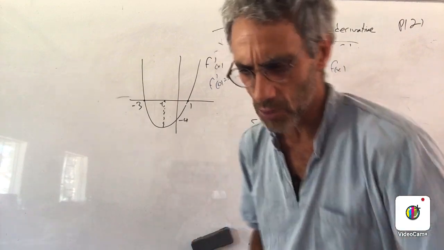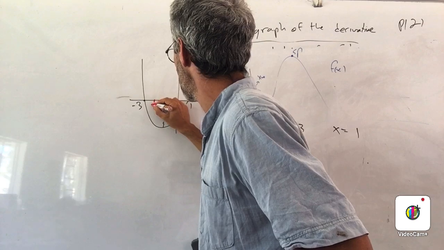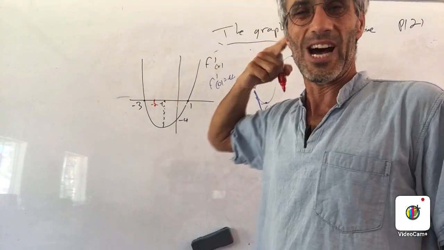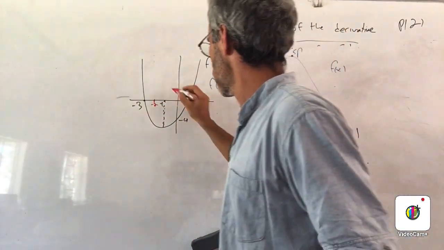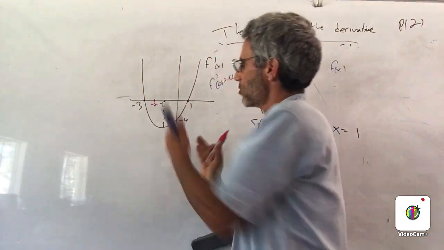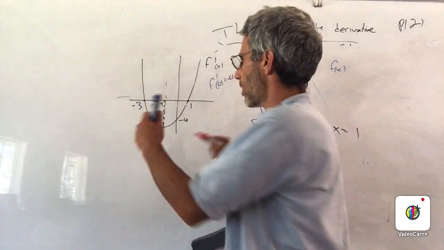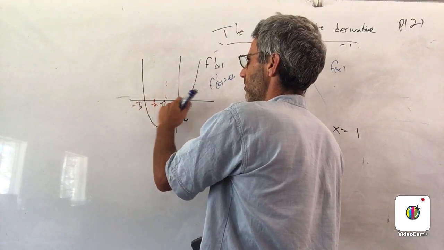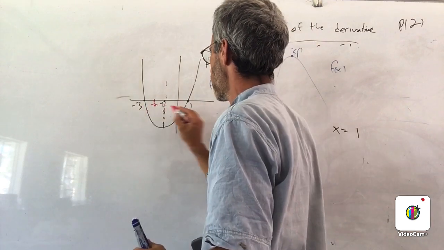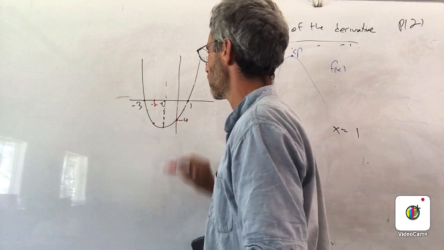Now they're asking, what did they ask me? x equals minus 2. So x equals minus 2 is here. I'm not going to ask you, I'll just show you how you do it. Obviously this graph is symmetric around this line, right? There's a symmetry. You understand what I'm saying? So the value here is the same as the value here, and the value here is the same as the value there.